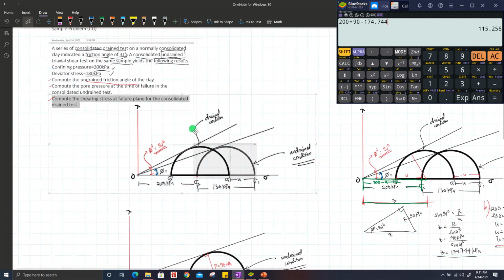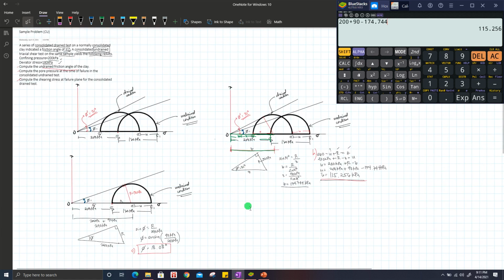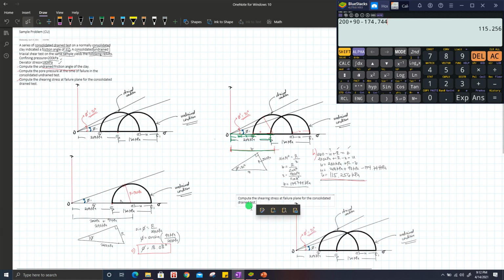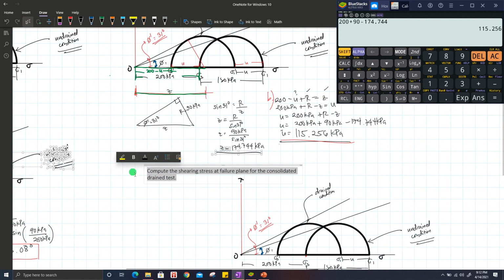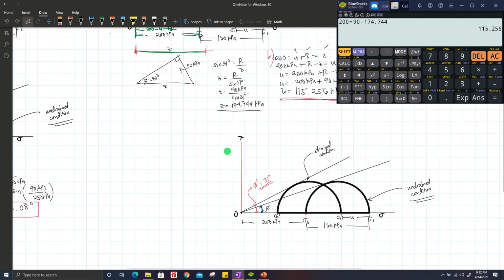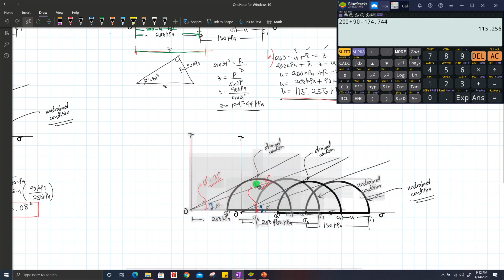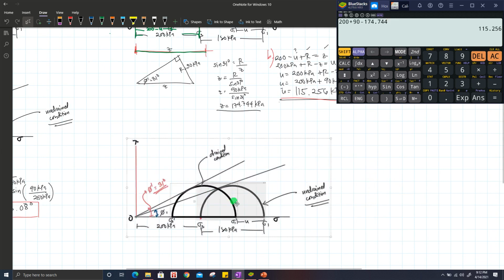So, sige, kopyahin ulit natin itong figure. So, pwede naman natin class ihiwalay yung drawing para sa drain condition. So, alisin lang natin itong undrained condition, para hindi tayo malito. Okay? So, wala na.